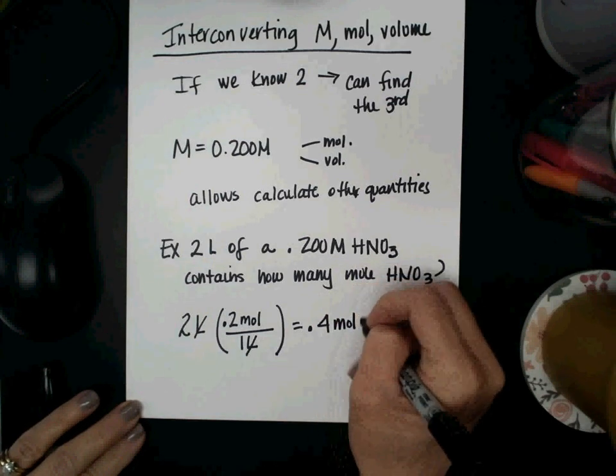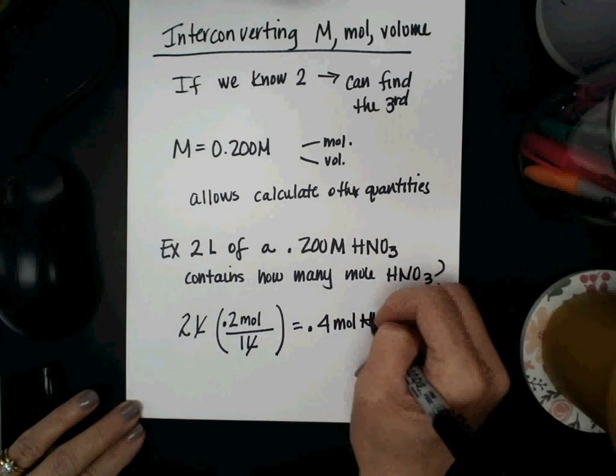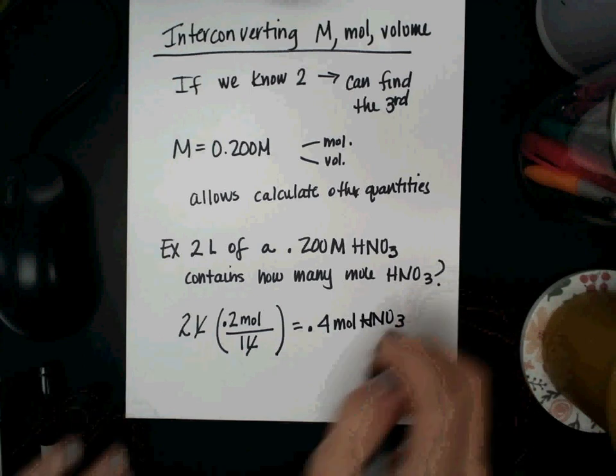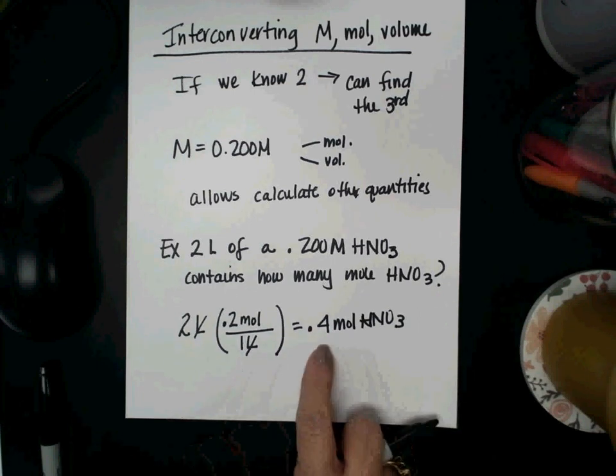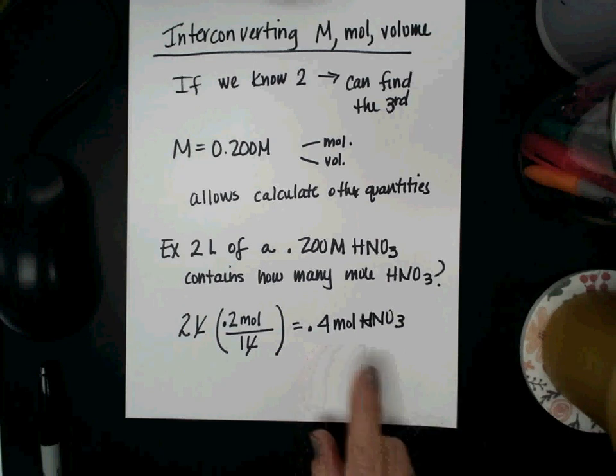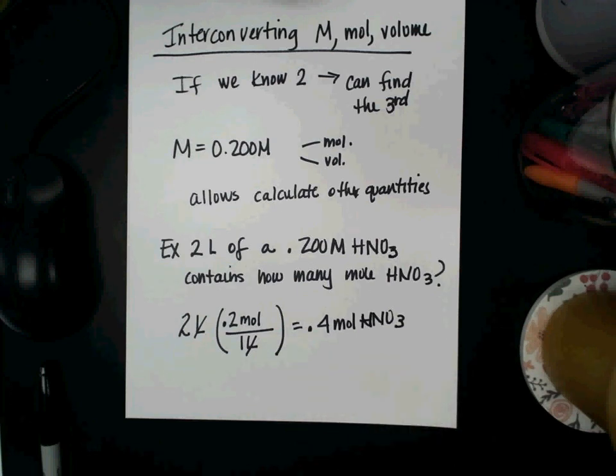So I would have 0.4 mole HNO3 within that 0.2 molar solution. I could take that a step farther and ask how many grams. I would get my 0.4, then find my molar mass and do the multiplication.